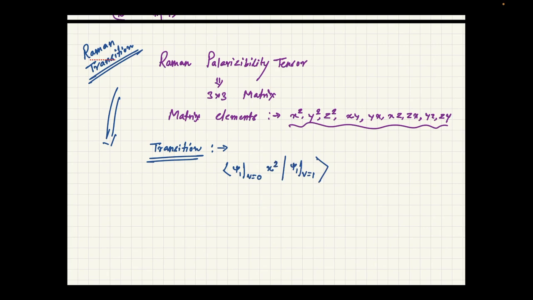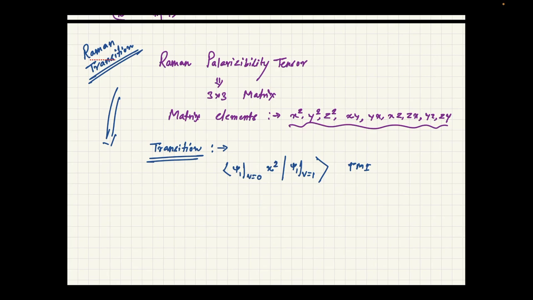Okay, this is the TMI. So basically what I'm saying is that in the infrared transition, you are using the dipole moment, which is a linear function of x, y or z. But in Raman spectroscopy, you are using the matrix element of the Raman polarizability tensor, which is x square, y square, z square, or xy, xz or zy, like this.